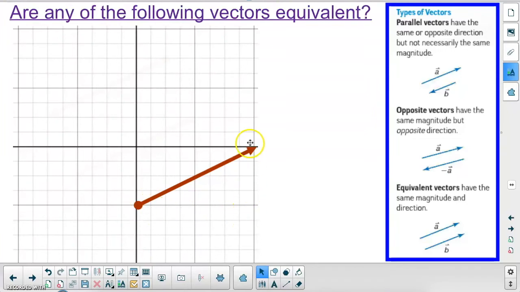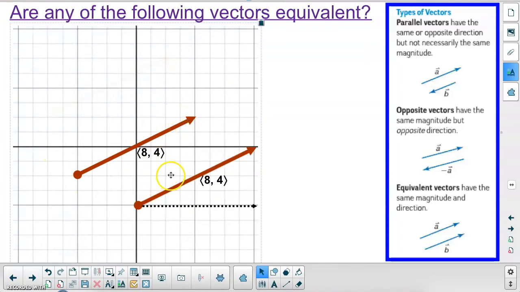The component form of this vector would be positive 8, positive 4, moving to the right 8 and up 4. If we look at another vector, I am moving in the same direction and I have the same component form. Therefore, these two vectors are equivalent.